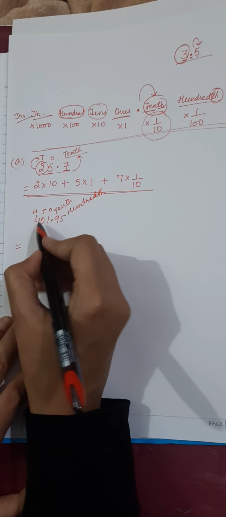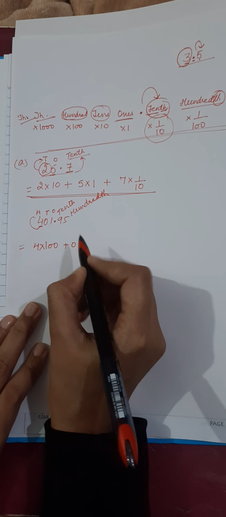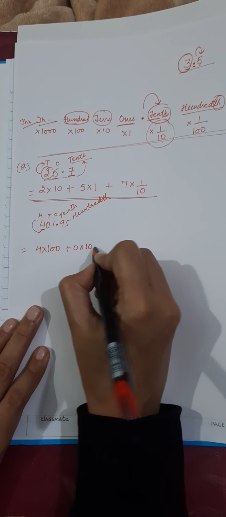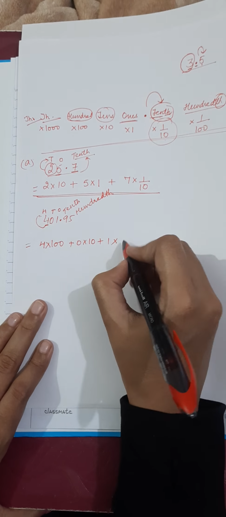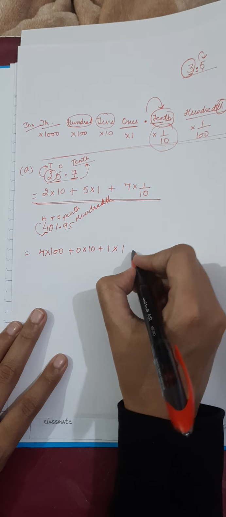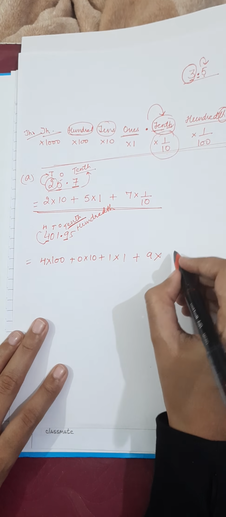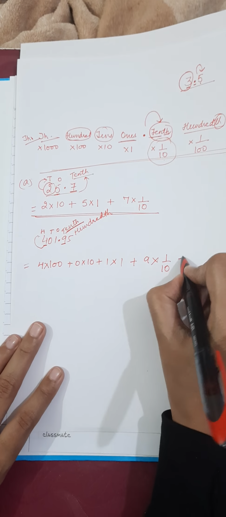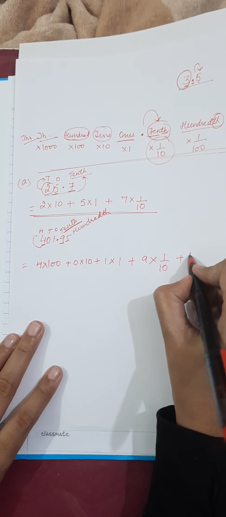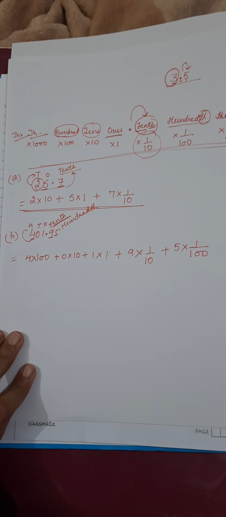So how do you write it? 4 you multiply by 100, 0 you multiply by 10, 1 you multiply by 1 because 1 is at the ones place, plus 9 is at 10th place, 10th means 1 upon 10, plus 5 is at 100th place, so it is going to be 1 upon 100, and this is your B part. That's how you are going to expand.